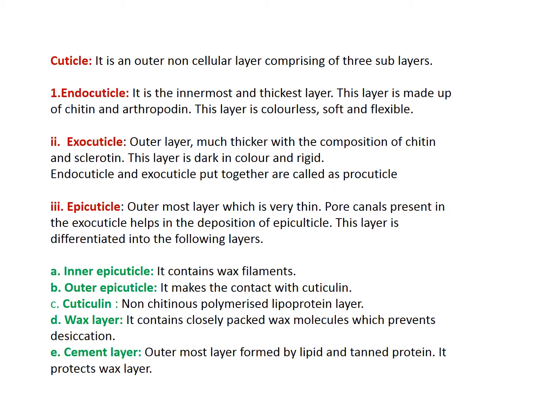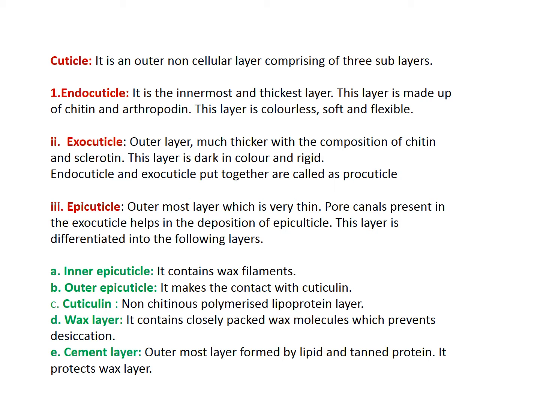Coming to the epicuticle, it is the outermost, very thin layer. Pore canals present in the exocuticle help in deposition of cuticle. This layer is differentiated into the following layers: the inner epicuticle, outer epicuticle, the cuticulin layer, the wax layer and the cement layer. The inner epicuticle consists of wax filaments.